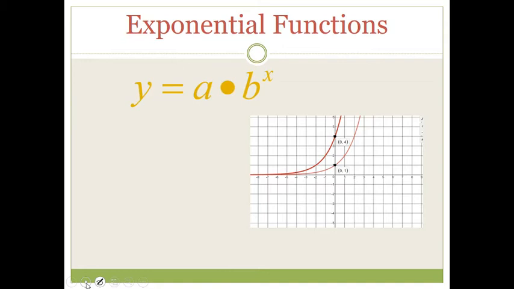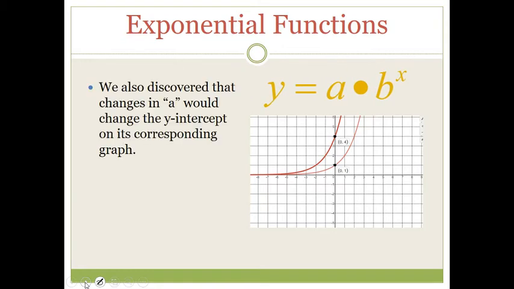All right, so let's continue our talk about exponential functions and mapping statements. All right, so we discovered that as a changes, it changes the y-intercept. So we can look at this function, and because the y-intercept changed from (0, 1) to (0, 4), it looks like we multiplied the y value by 4. Our horizontal asymptote did not change.